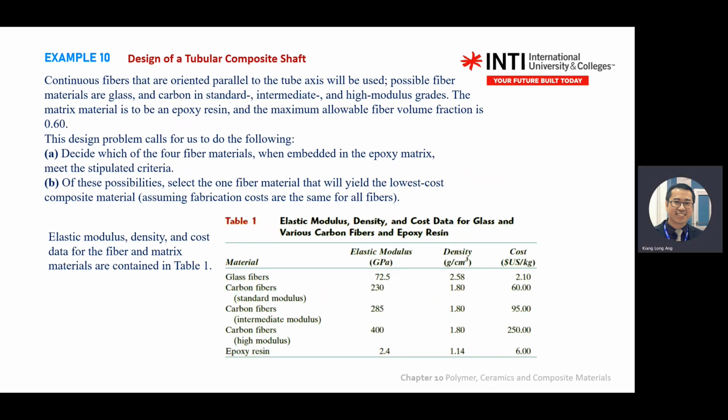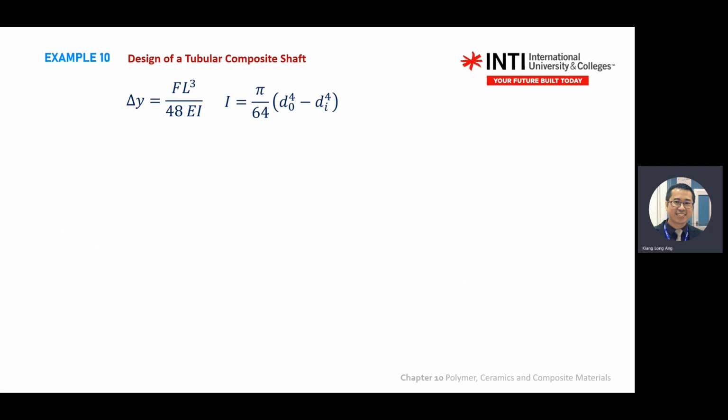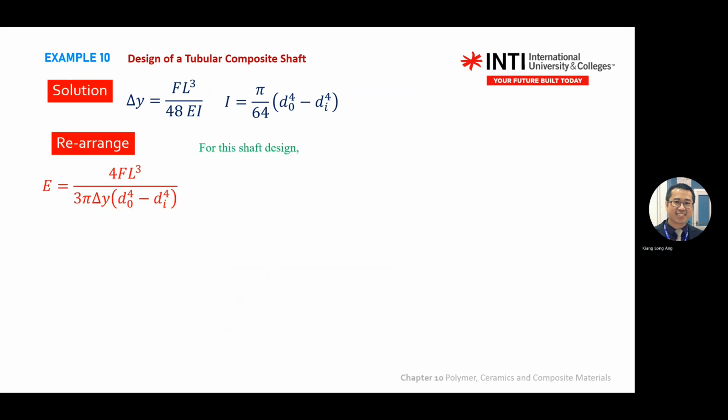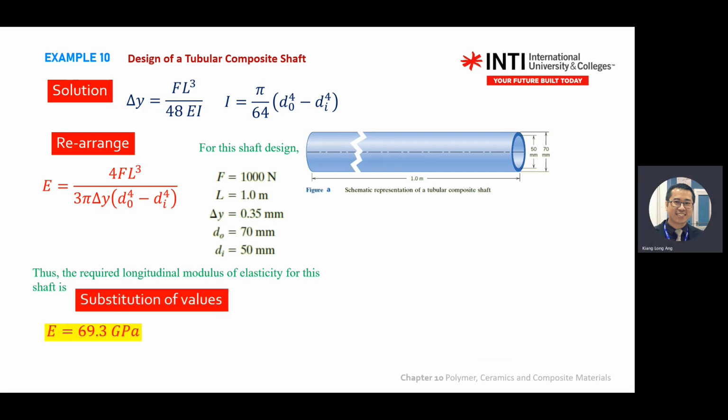So based on the table information, you find what information you can extract from the question. Here is the modulus E, the capital E. You think, okay, this is a 3-point bending, what formula do I have? Based on these two equations, you substitute and you get your E value is 69.